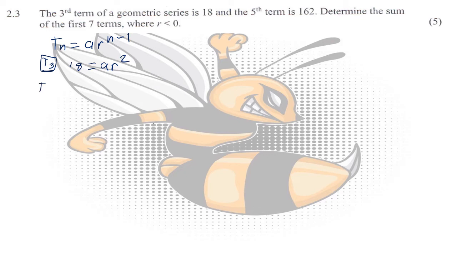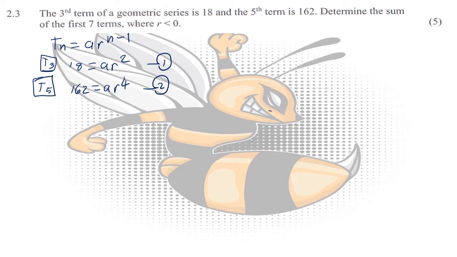For term 5, we know that it's just going to be 162 is equal to a times r to the power of, not 7, sorry, it's going to be 4. Now from there we have 2 equations, 2 variables, so we are going to have to tackle this using simultaneous equations, or a form thereof.